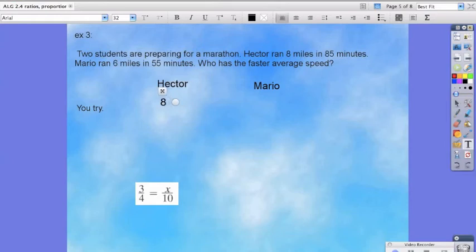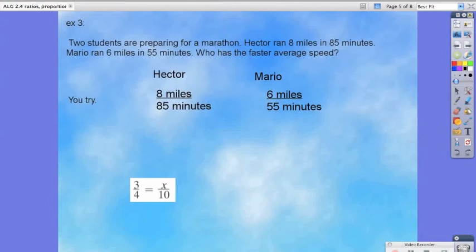That would be 8 miles in 85 minutes. And Mario is 6 miles in 55 minutes.